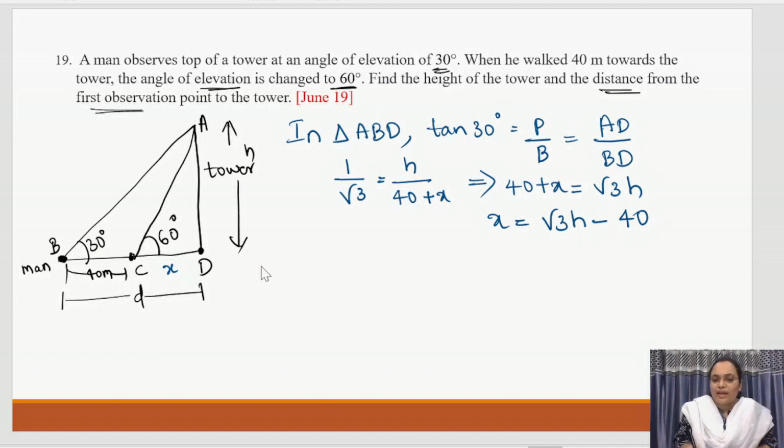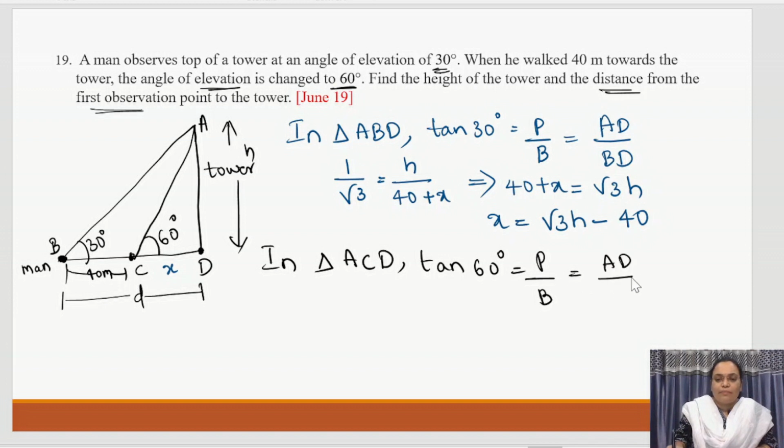In triangle ACD, we have an angle 60 degrees. So let us take tan 60 is equal to perpendicular by base. Perpendicular is AD, base will be CD. Tan 60 is root 3.